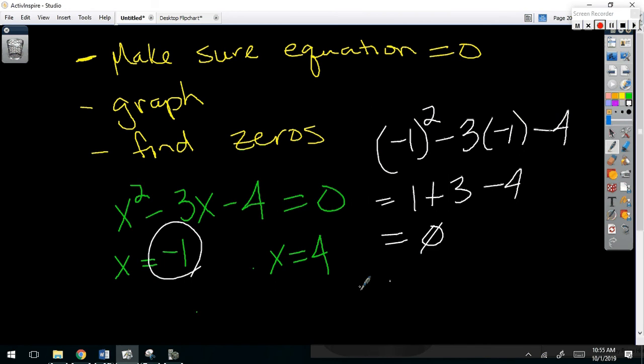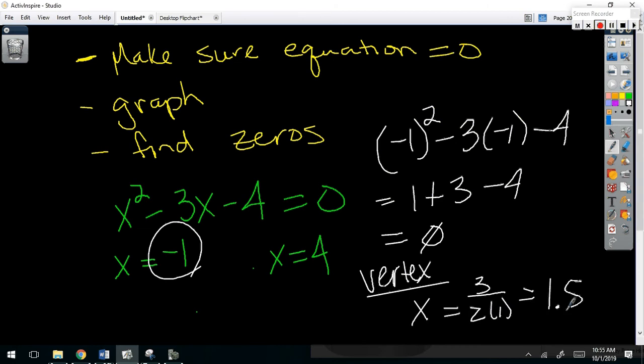If I asked you to find the minimum, then you would find the minimum. You'd have to do the vertex, but that would check to make sure that your values were correct. Yes, if I was doing the vertex, or if I was asked to find the minimum, then I would do opposite B over 2A, which is 3 over 2, which is 1.5, which is what I had.